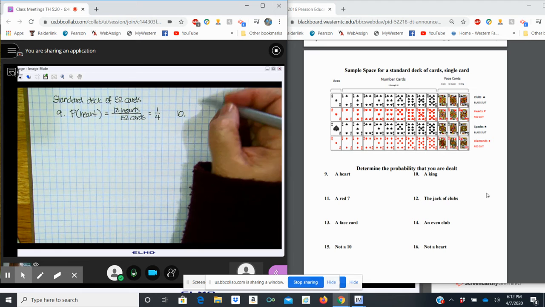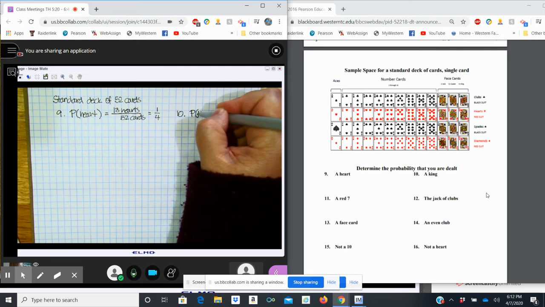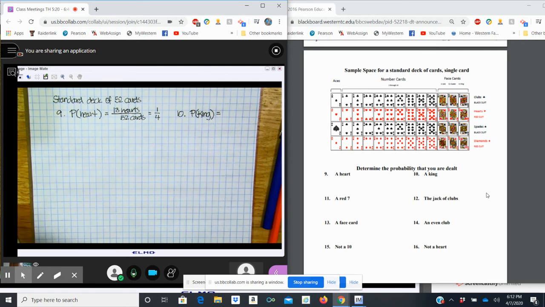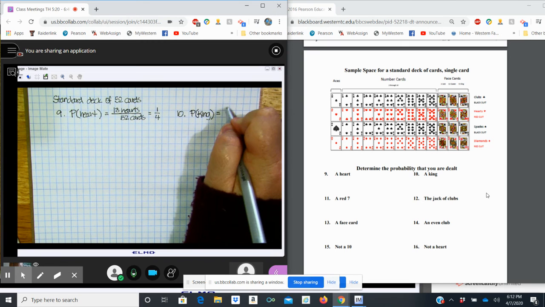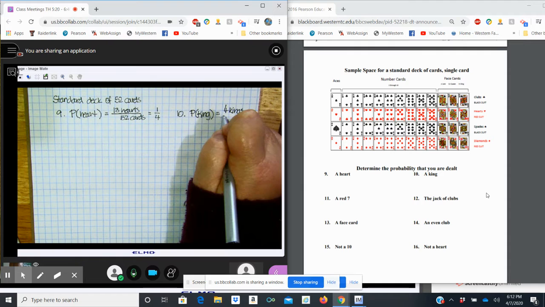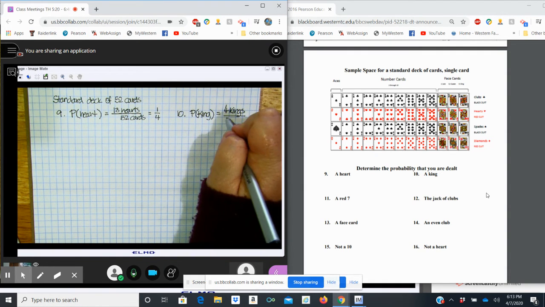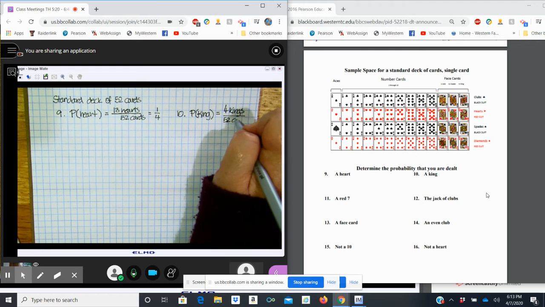Problem number 10 says, what is the probability that you are dealt a king? What we expect you either can determine or already know is that there are 4 kings out of 52 cards.